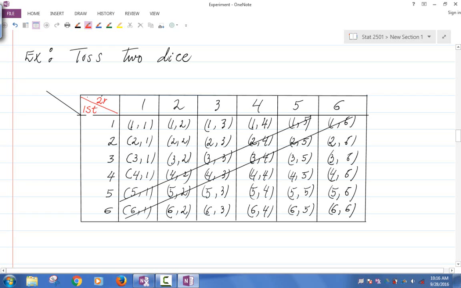The first row gives you the outcomes of the second die. So what are the possible outcomes from the 2 dice? Well, I can get 1 1, I can get 1 2, 1 3, 1 4, 1 5, 1 6, right? I can get 2 1, 2 2, 2 3, 2 4, dot dot dot, and so on, right? So go ahead and fill out the table.